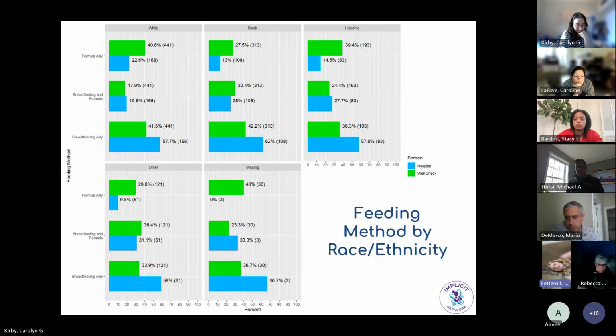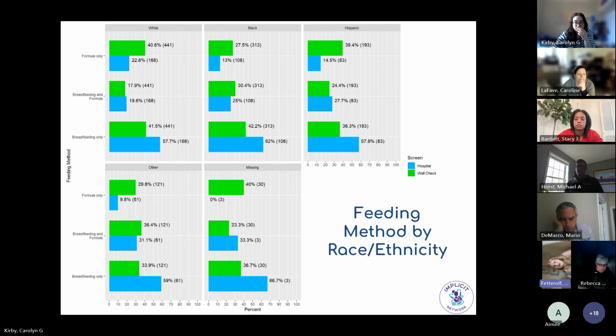So this is looking at our feeding method. Blue is when it was screened at the hospital discharge, and green is during the early postpartum visit. The first section is patients who identified as white, second is Black, and then Hispanic.